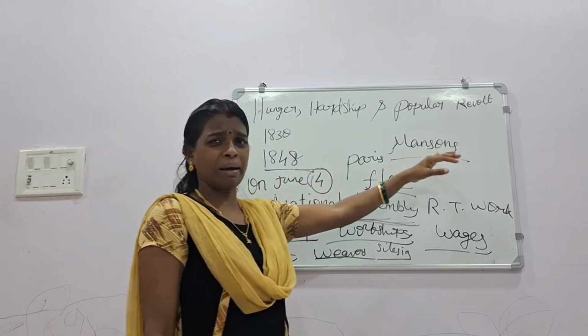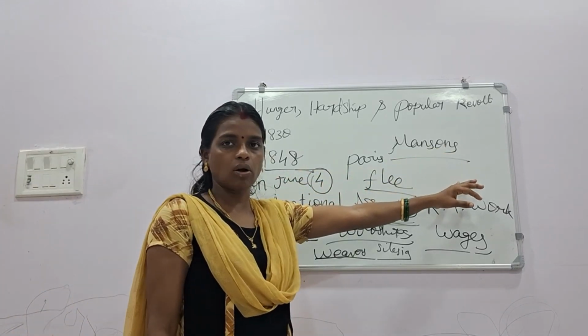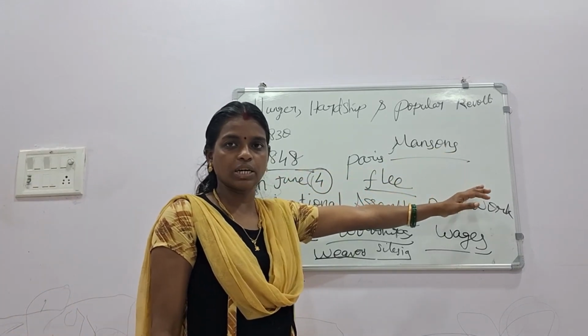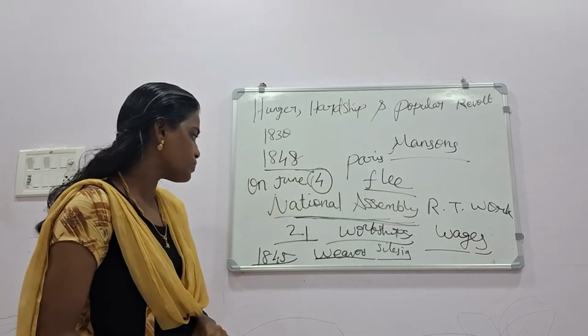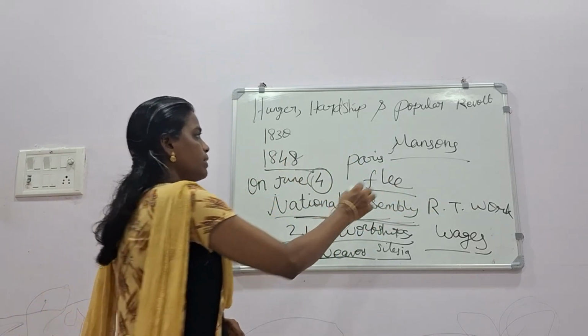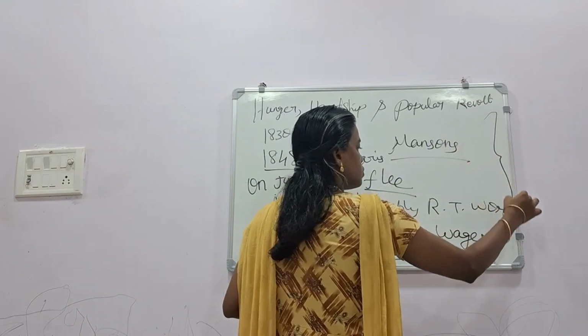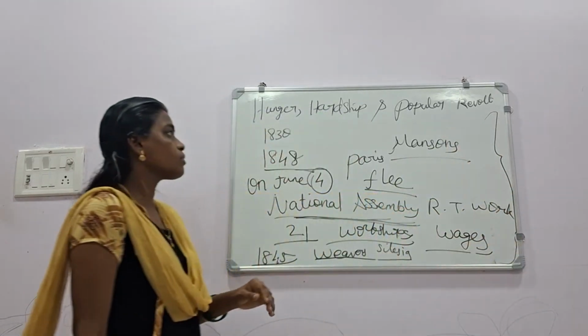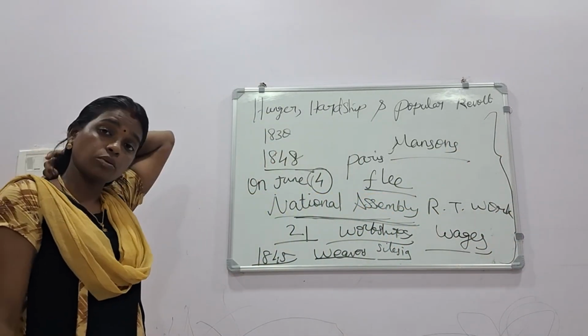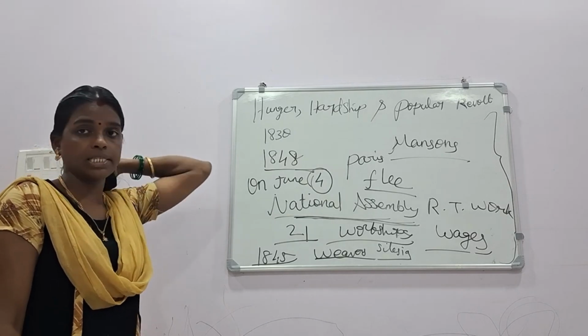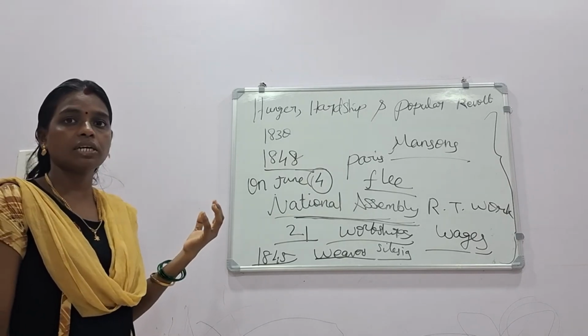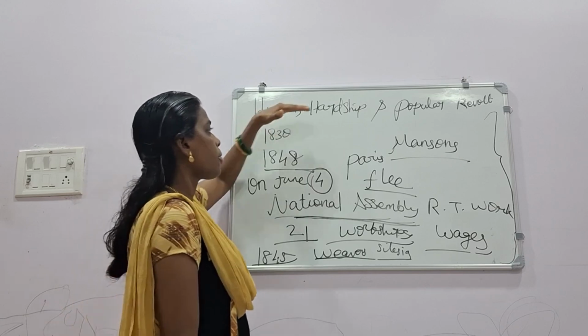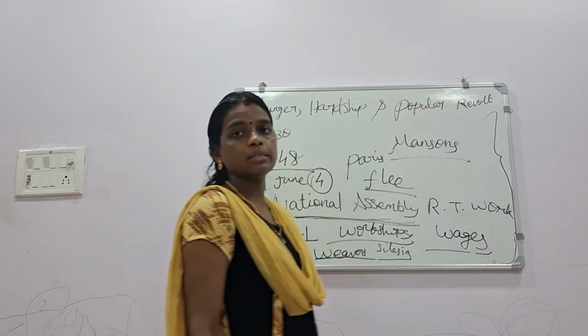So mansion owners and contractors led a revolt against the government on June 4. This kind of revolt took place between 1832 and 1848. This is the information I have given under hunger, hardship and popular revolt.